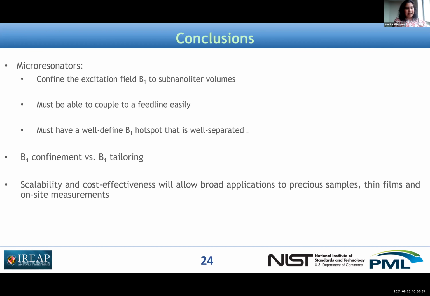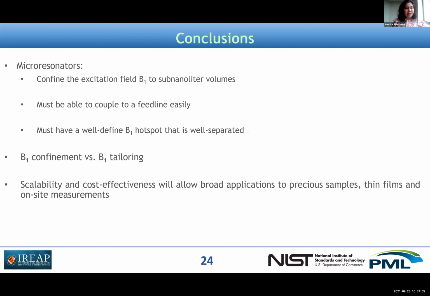Resonator design should be thought of not just as confining the B1 field to a point, but as tailoring the shape of the excitation field to match the sample. If you have a thin film sample, the interdigitated design might work better. For a solution sample that requires B1 homogeneity, the loop might work better.